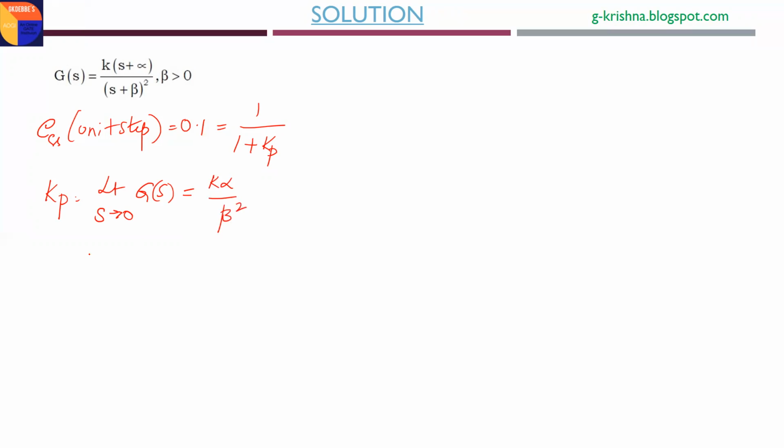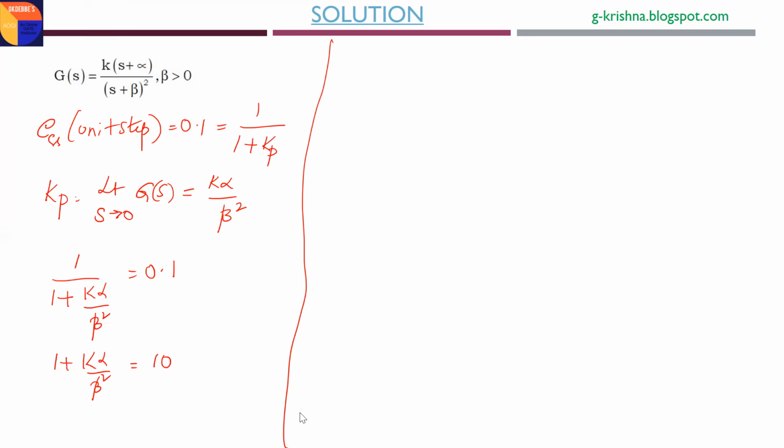Substituting this in the steady state error, we get 1 by 1 plus K alpha by beta square equals 0.1, or 1 plus K alpha by beta square equals 10. From here, K alpha by beta square will be equal to 9. Let this be equation number 1.